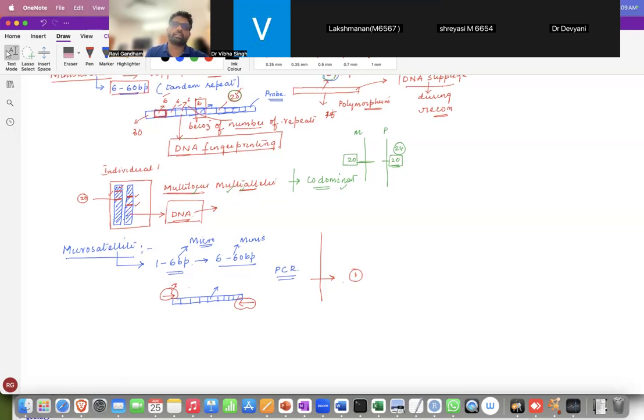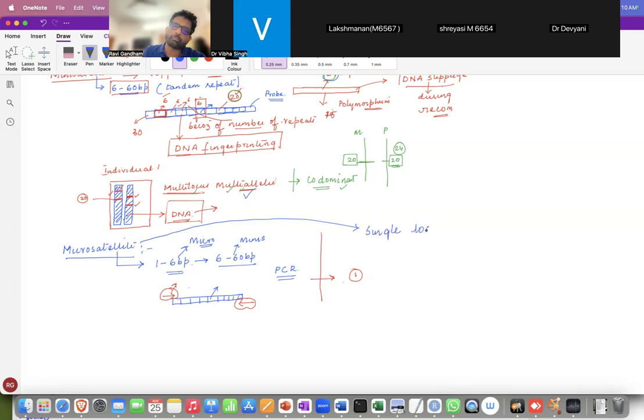Since we stopped here yesterday, I was talking about minisatellite being a multi-locus, multi-allelic marker. Now, I was just starting with microsatellite, and microsatellite is termed as single locus, multi-allelic.